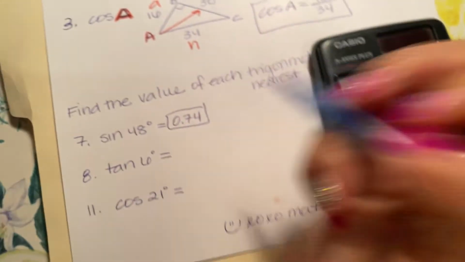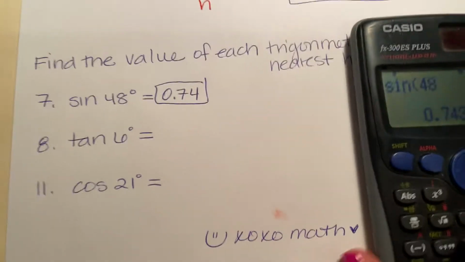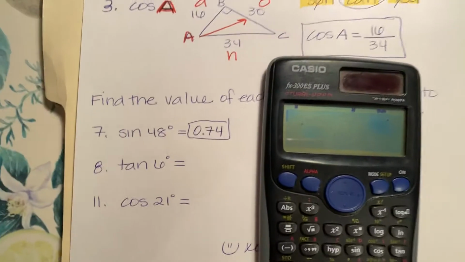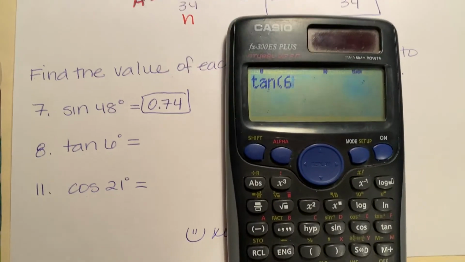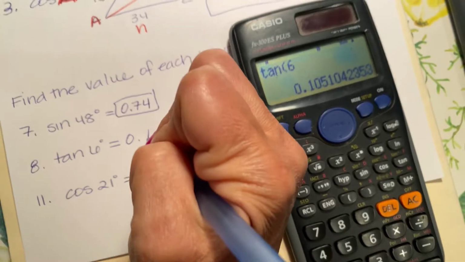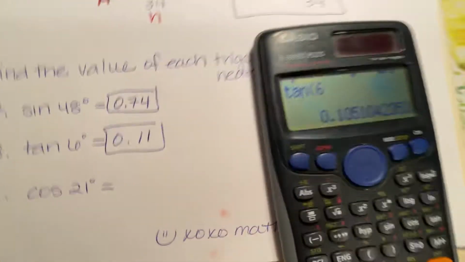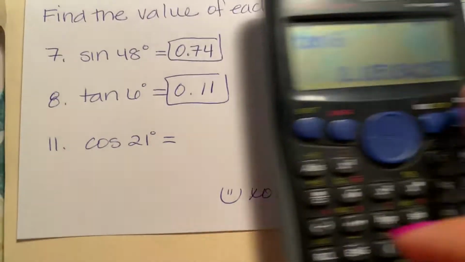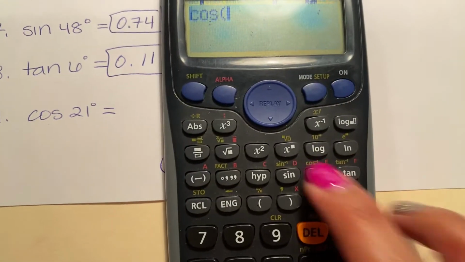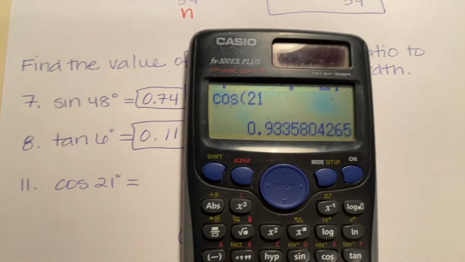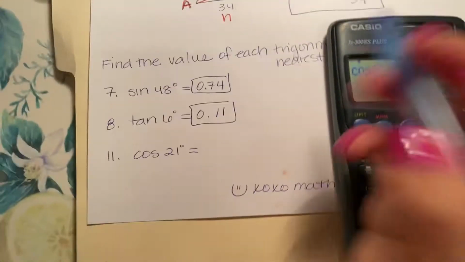And that's your answer. That's it. Let's finish here. Tangent 6, same. Tangent 6 equal. What you see is what you type, 0.11. 11 hundredths, because that's a 5, so we're going to round. Cosine 21, cosine 21 equal. What you see is what you type, 93 hundredths.